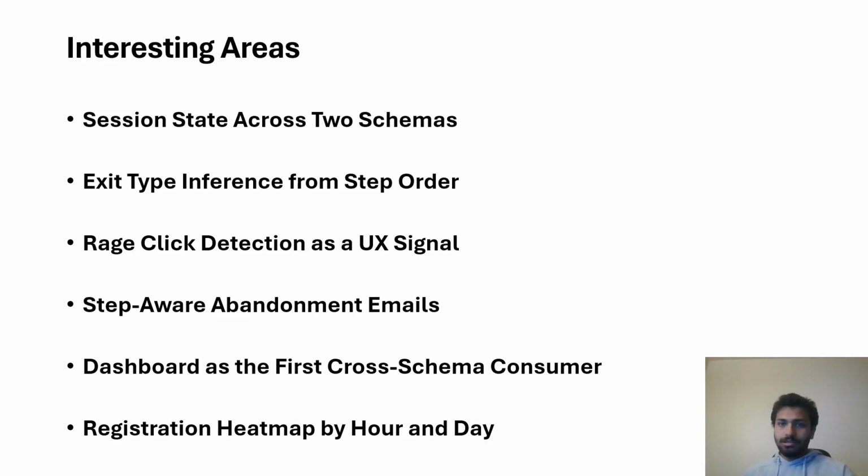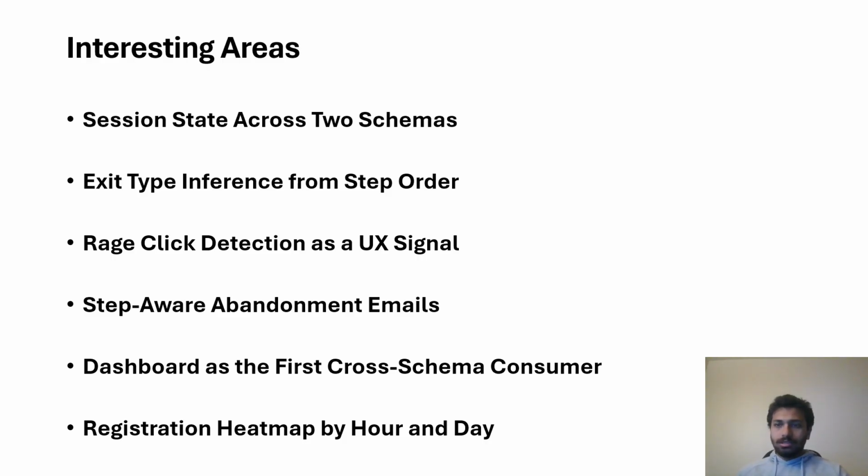A few things that genuinely surprised me during this project are: first, exit type inference. The gRPC server determines whether a user went forward, went back, or abandoned purely by comparing step order numbers. So the front end passes nothing, the server figures it out. And the rage click detection. Three or more rapid clicks on the same element within 500 milliseconds is a measurable frustration signal.